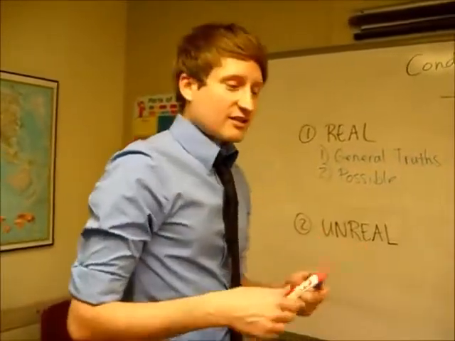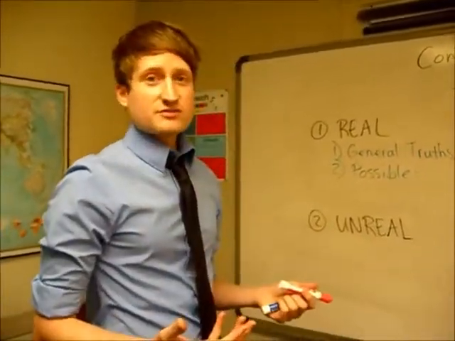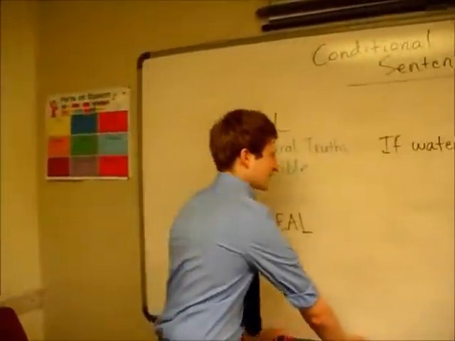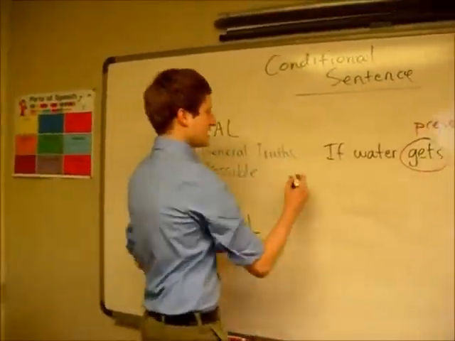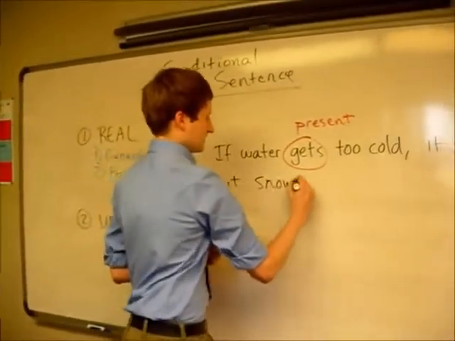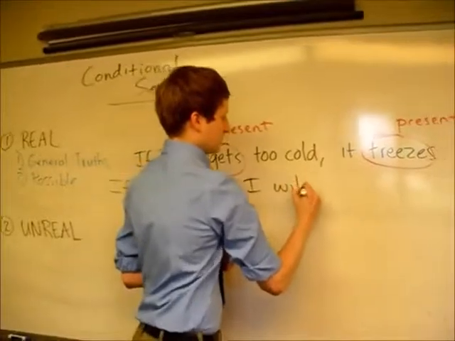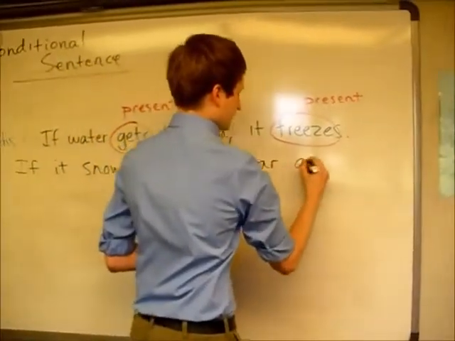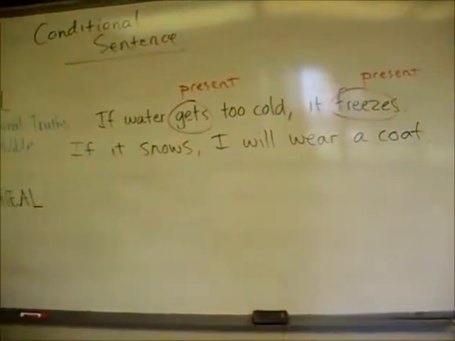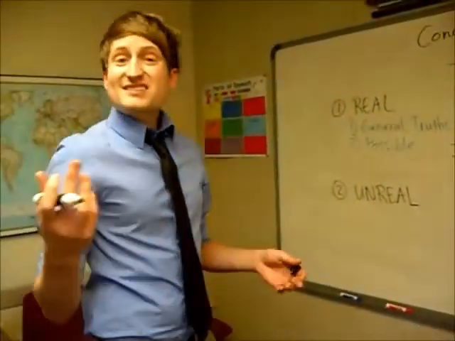But if later it snows, which is possible, I will wear a coat. Let's write that sentence. If it snows, I will wear a coat. So it's not always true, right? It doesn't always snow, but it might snow.